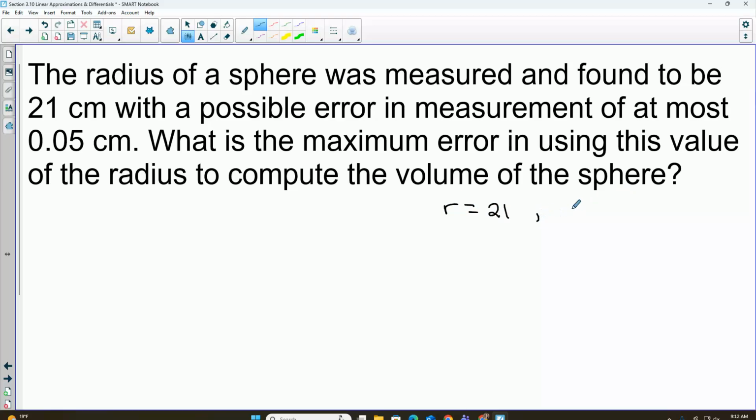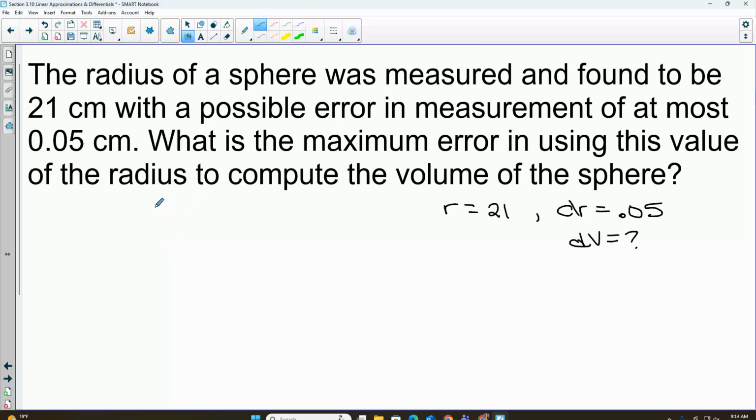The error in my radius, that's like my differential, my dr, is 0.05. Sorry, do you want me to give you a second to write? I forgot I didn't print them for you. So we know our radius and we know the error in our radius. What's the maximum error in using this value of the radius to compute the volume of the sphere? So we are looking for the error in our volume. So dV is really what we need to find here.